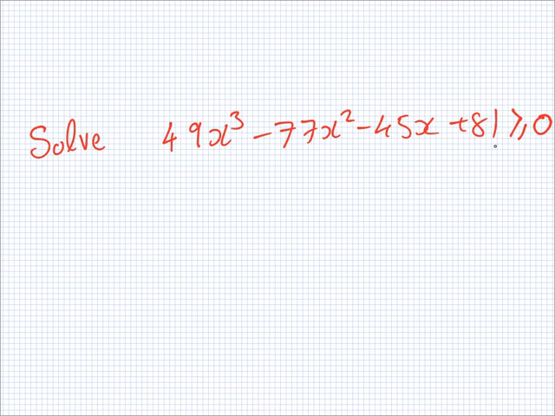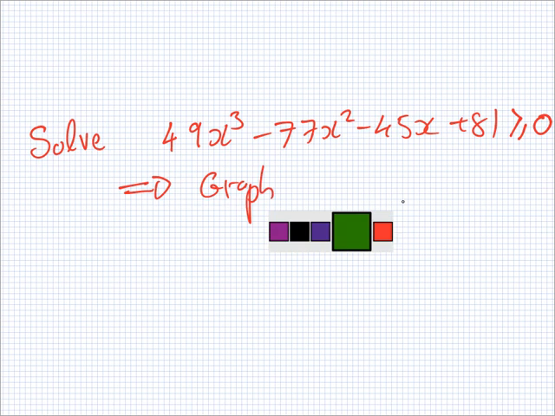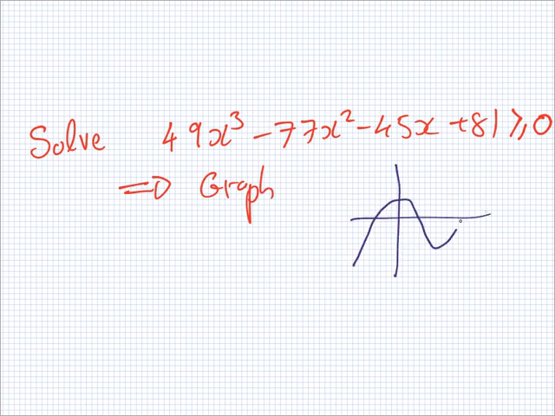Figure out what x's make it positive. So in other words, you can think of this as actually just a graph problem. If you had the graph, let's say it's like this, as an example, then your answer would be here to here, because that's positive, yeah? And then from the last point out.